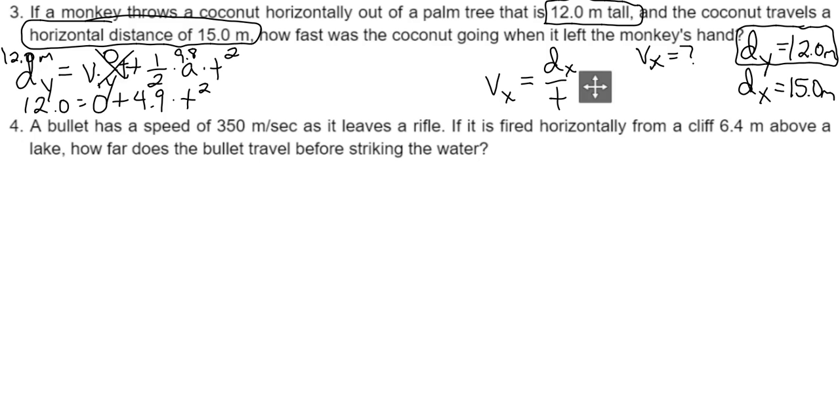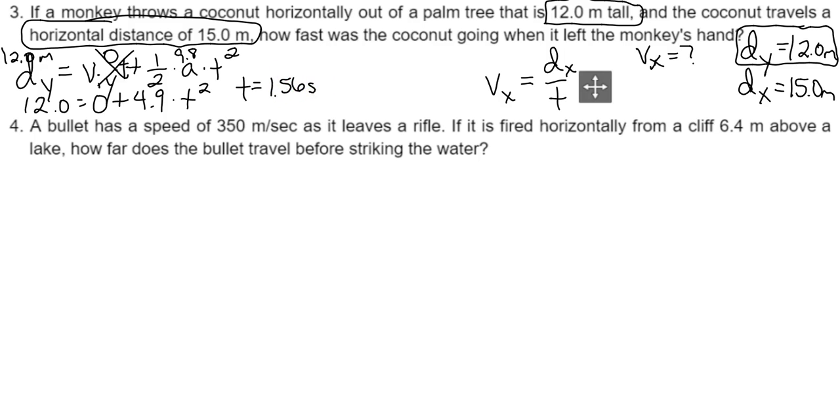So then all I need to do is divide both sides by 4.9 and then take the square root. So if I take out my calculator, 12 divided by 4.9 is about 2.45, and then I take the square root of that, and I get t is equal to 1.56 seconds.